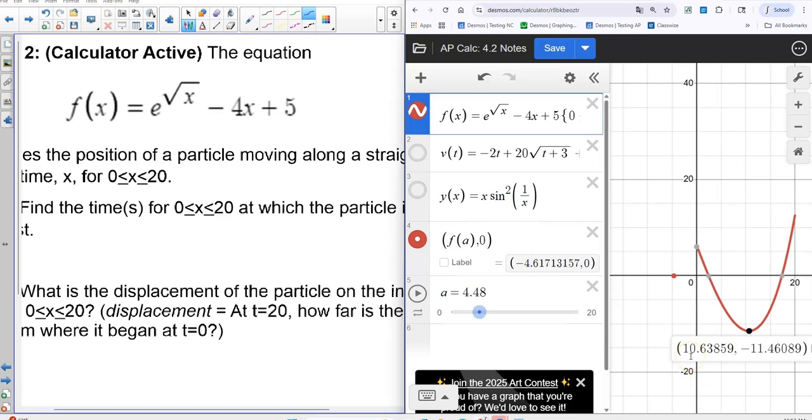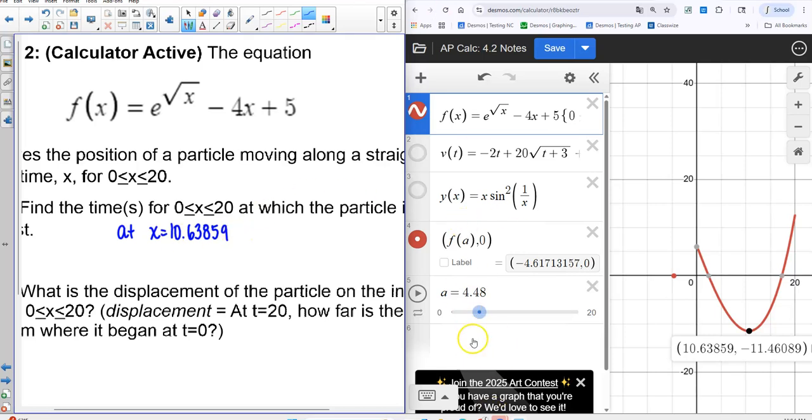It's asking for the time, so 10.63859. Right there. So we could say at that minimum point, it's as far to the left as it's going to get. Then the position is going back up, right?